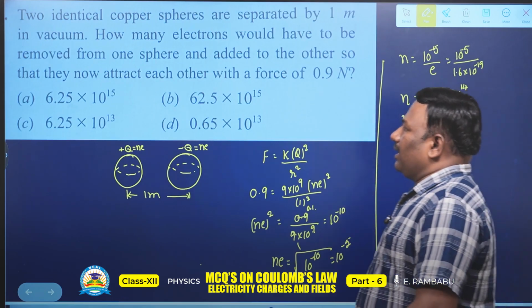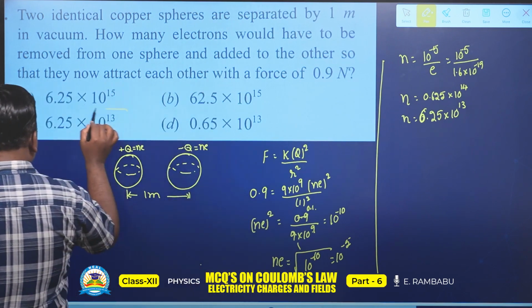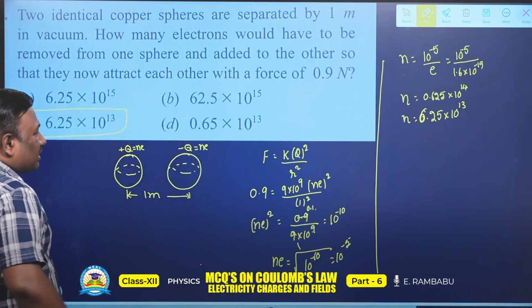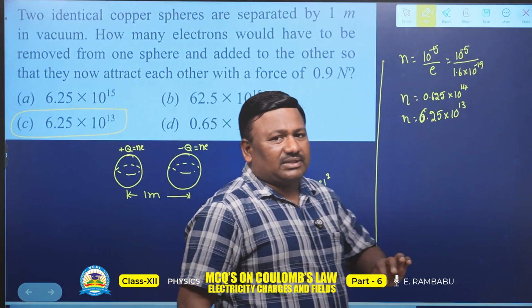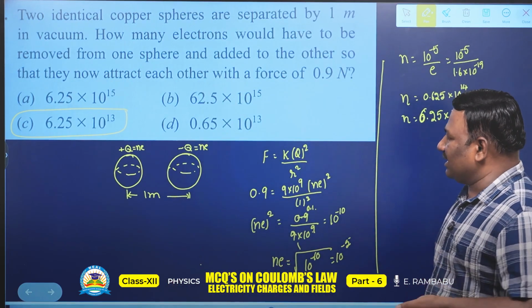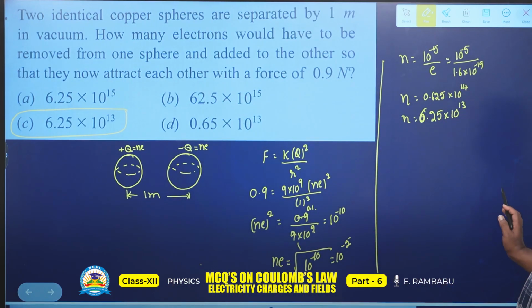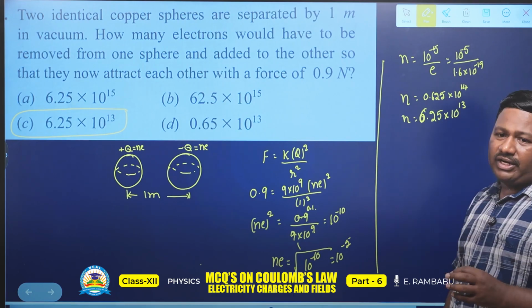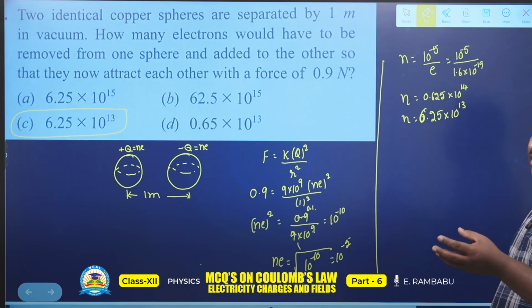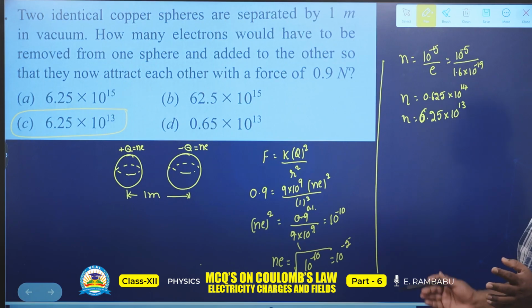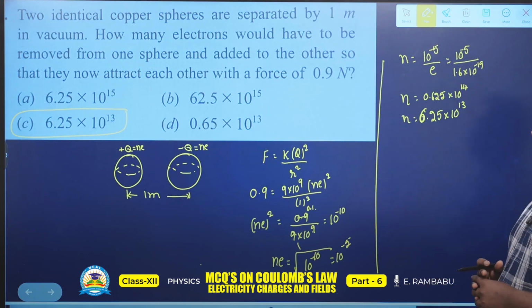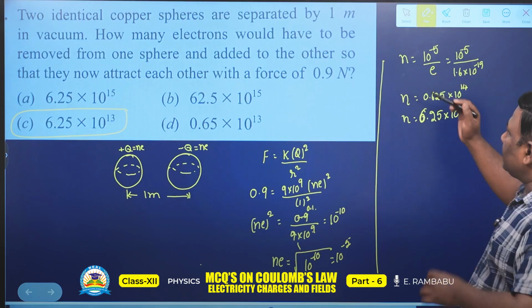Is there 0.625? It is not there. So option C is the answer. The question looks a little bit difficult, but do the calculation with the help of Coulomb's law. In this question they ask how many electrons are transferred to create the force of 0.9 newtons between them. See the next one.